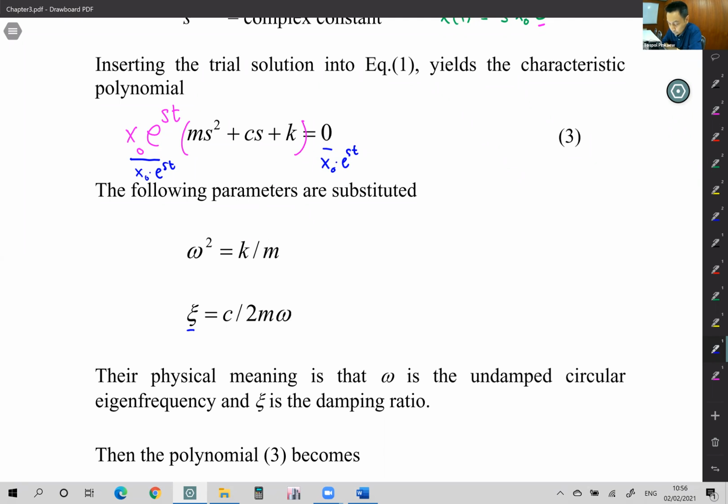And these two parameters, omega and psi, have their own physical meanings. Omega is the circular vibration frequency of your system. You will see later, once you obtain the solution, omega explains how your building moves back and forth, back and forth.